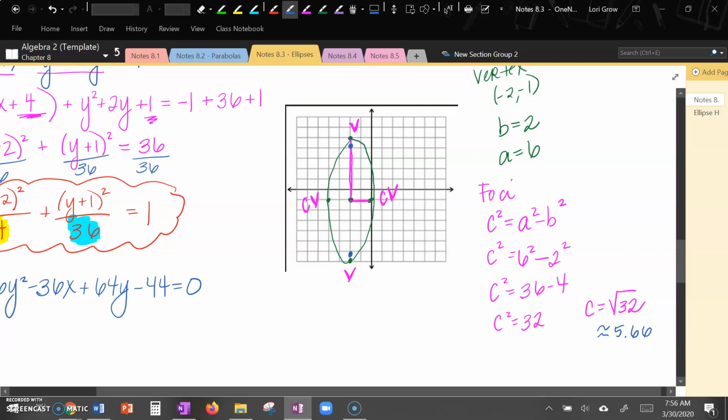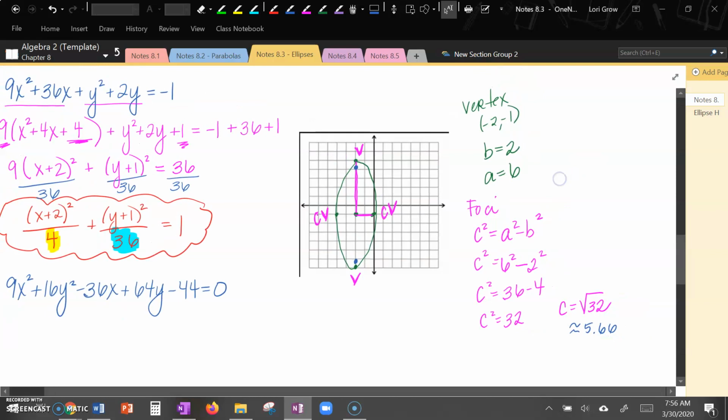Now, in order to write the coordinates of the foci, you're not going to have an actual value there. So think about what the vertex was. The vertex was -2, -1, and you've just added a value to that y value. All 3 of those points, my center and my foci, are on the line x equals -2.